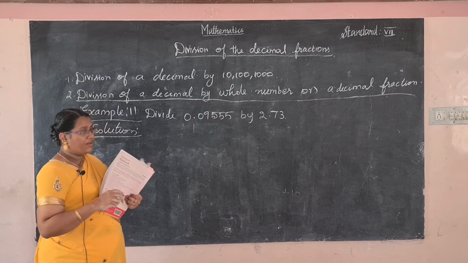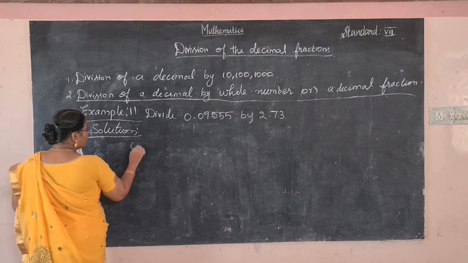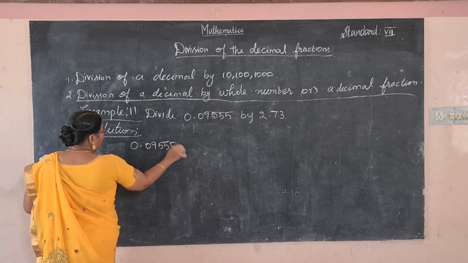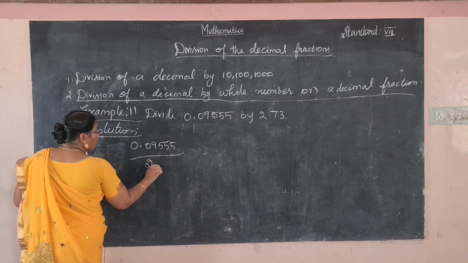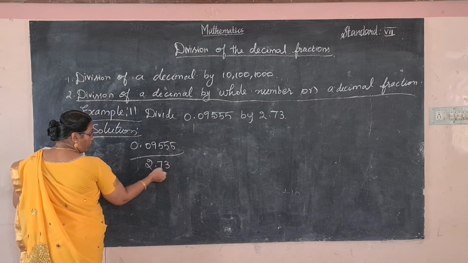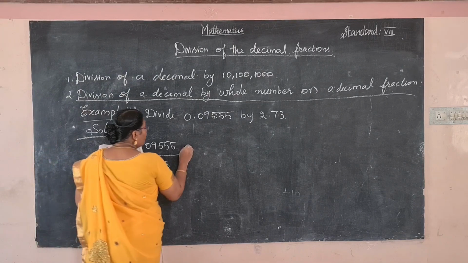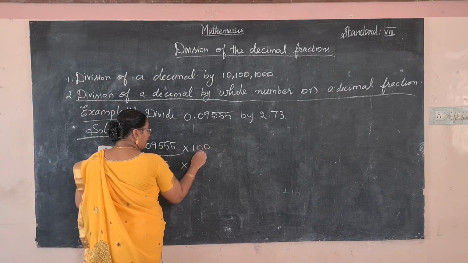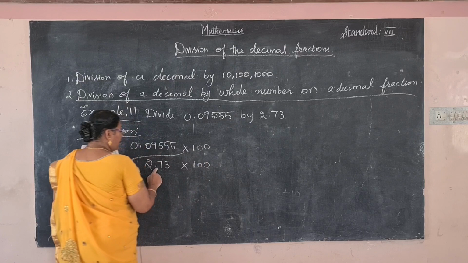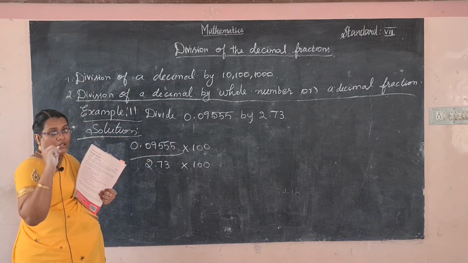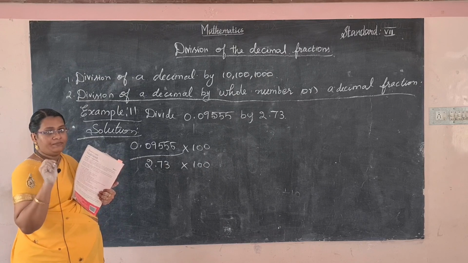So write 0.09555, the divisor is 2.73. 2 decimal places, so numerator and denominator are multiplied by 100. In case there is only one decimal place, you multiply numerator and denominator by 10.